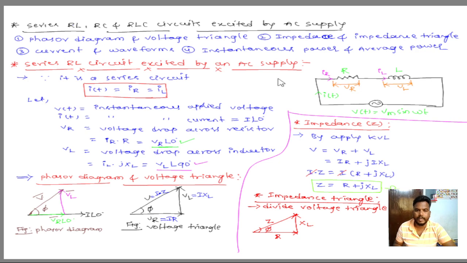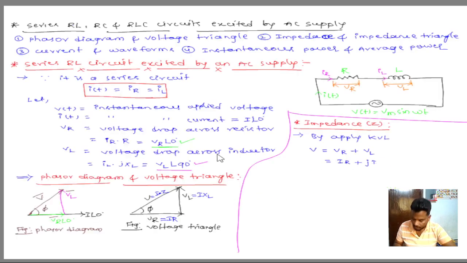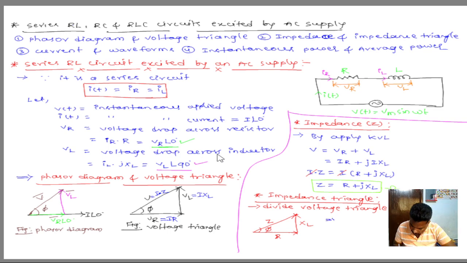Now from the impedance triangle, power factor cos phi is equal to R by Z. And we need to calculate phase angle. Phi is equal to tan inverse of imaginary part by real part.